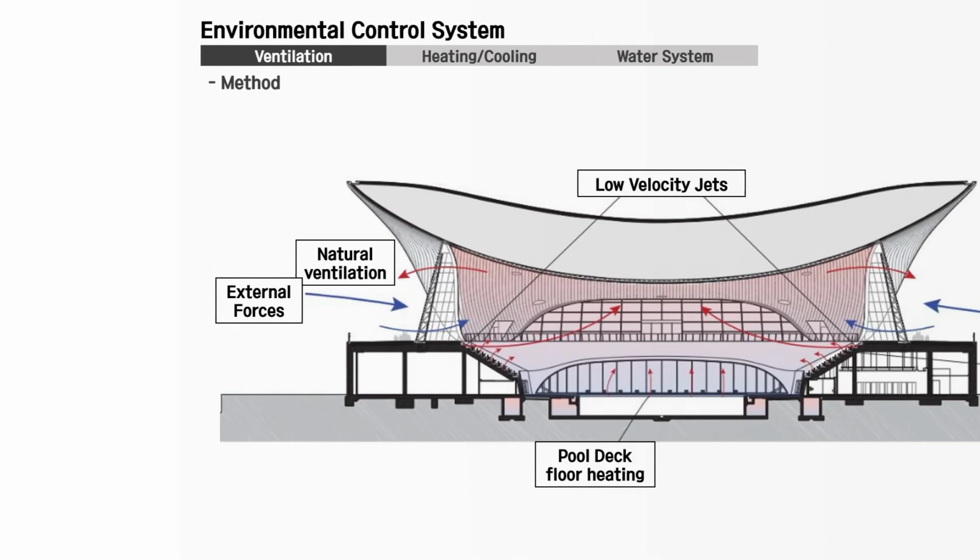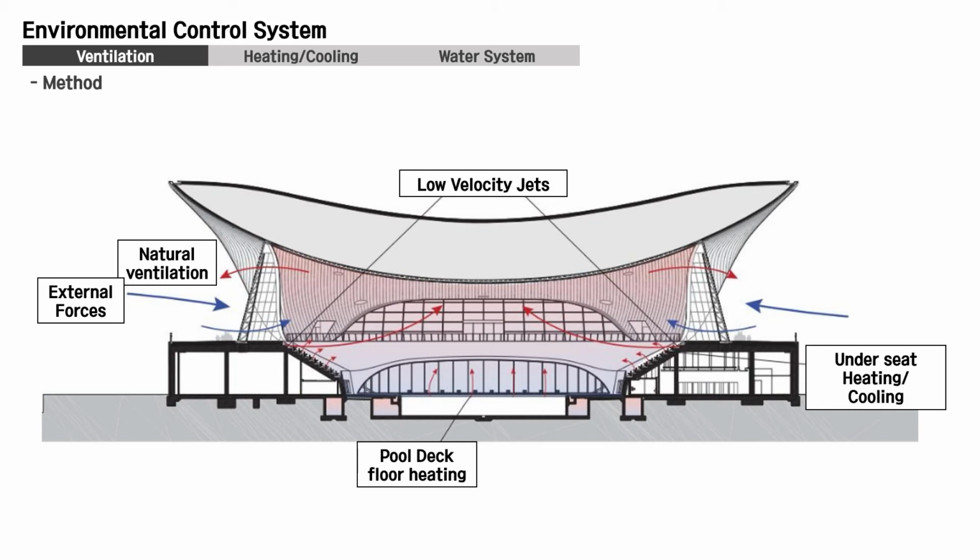And let's finally move on to the last content. First, let's see the ventilation system. To understand this system, we must know the air movement strategies of this building. London Aquatic Centre tried to make the air move in a certain way.